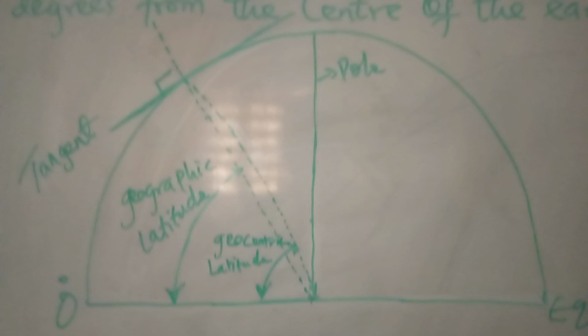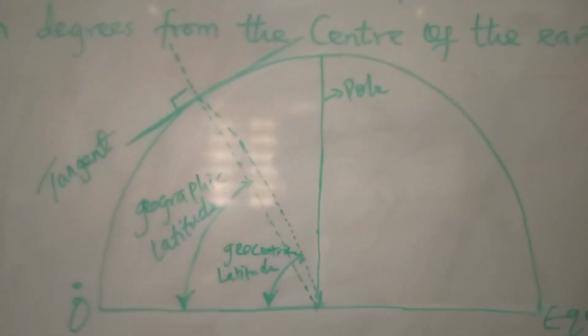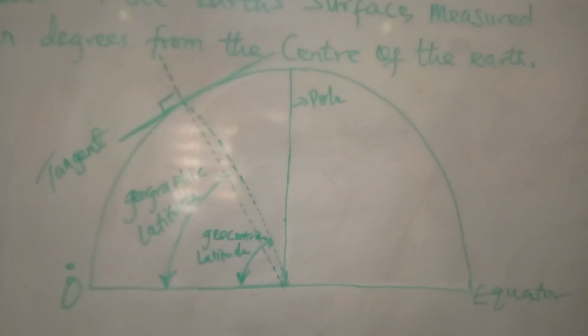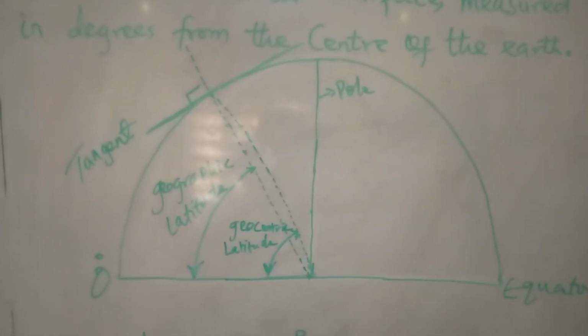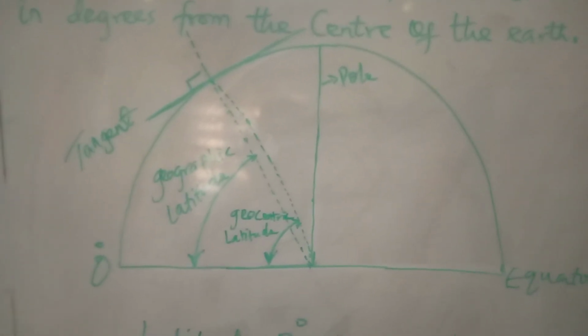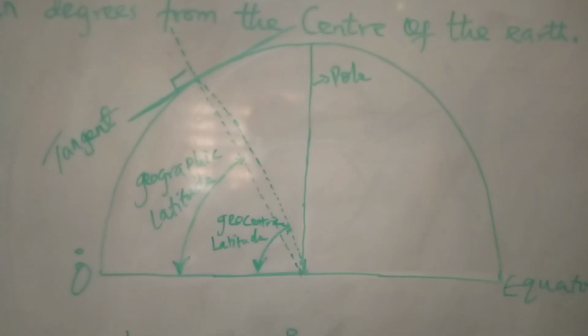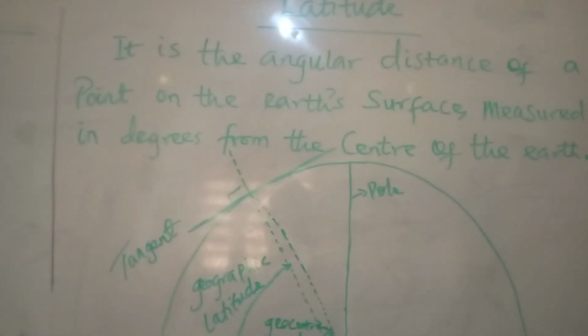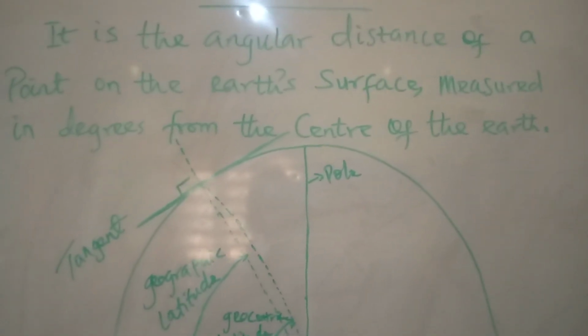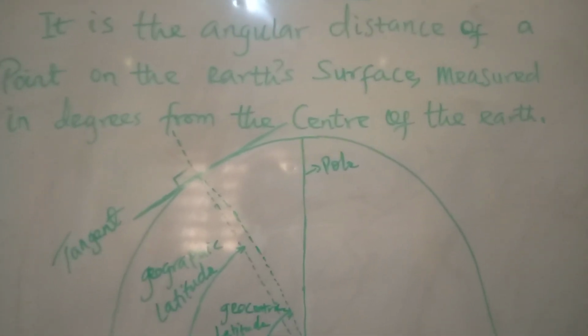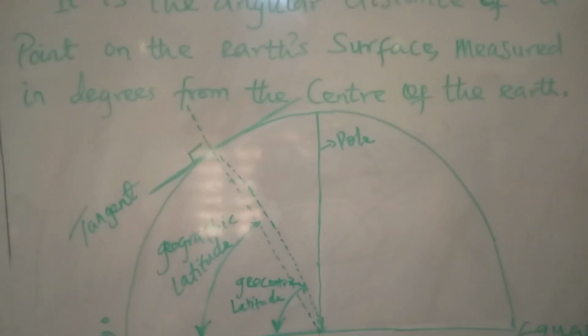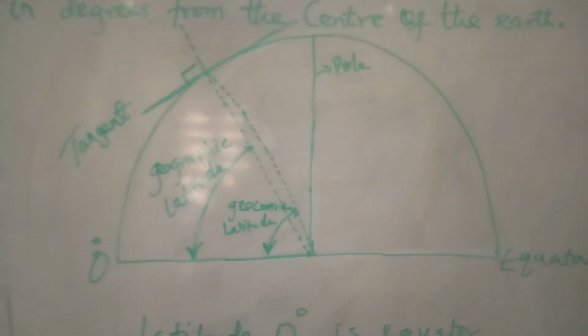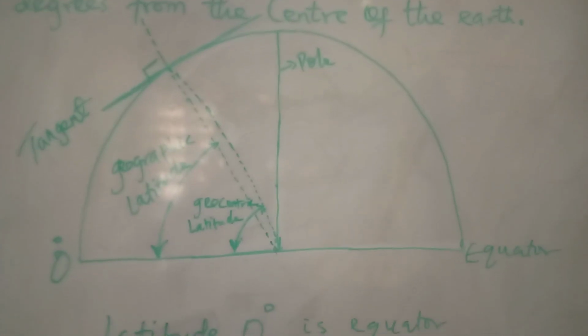You can see the pole from the north down to the equator. Can you see it? And you can see the tangent. So angular distance, that's the angle. It forms an angle to the equator. That is why it is said to be the angular distance of a point on the Earth's surface measured in degrees from the center of the Earth. So this is the picture that actually defines latitude in geography.